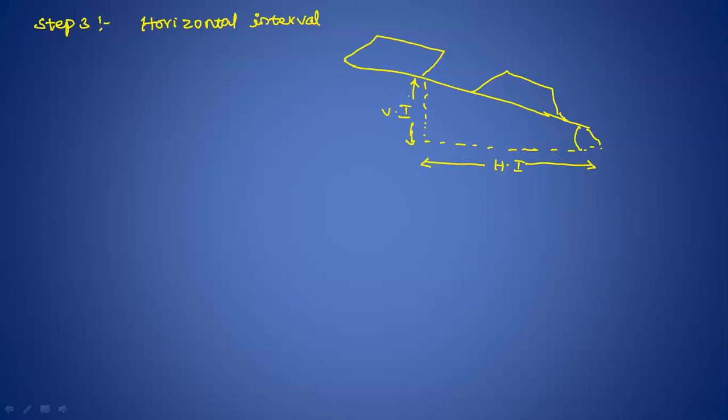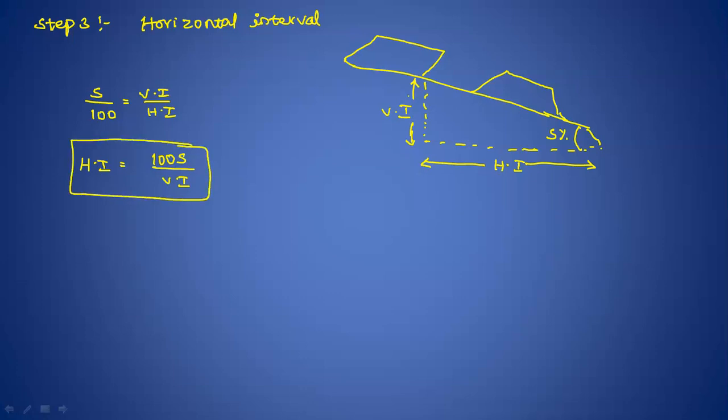And this is the slope, in percentage. So the formula becomes S divided by 100 is equal to VI by HI. So in finding the horizontal interval, HI is equal to 100 S divided by VI, where S is in percentage and horizontal interval is in meter.